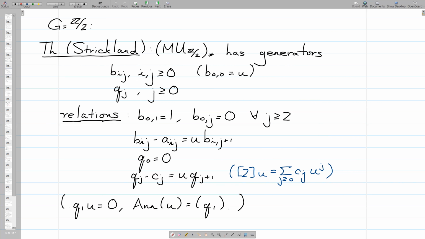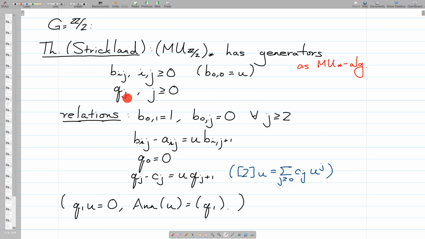As a mu star algebra, so what kind of generators does it have? It has a set of generators b_ij where i, j are greater than or equal to 0, but in fact b_00 is actually just U here.